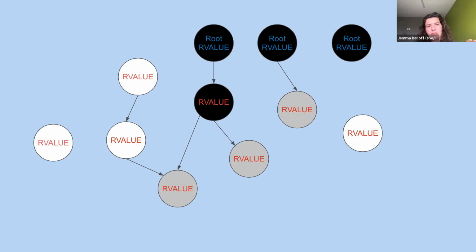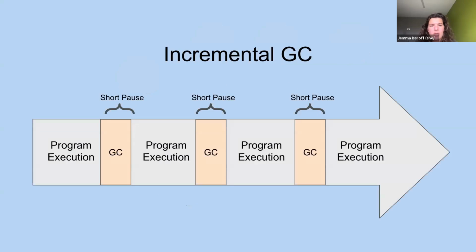Looking at this diagram, it's very clear which R values we've already looked at and which we haven't. Whereas were it just black and white, it wouldn't be clear which ones we would have to go and mark again. So instead, Ruby uses tricolor garbage collection, and incremental garbage collection, where it can just do these short pauses and only stop the program execution briefly.